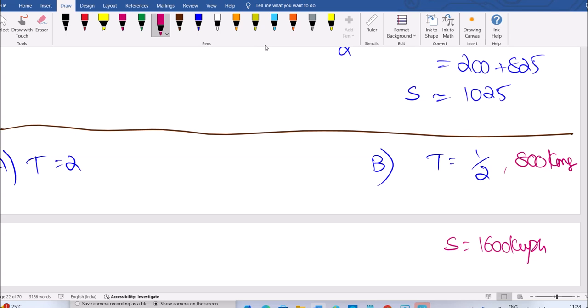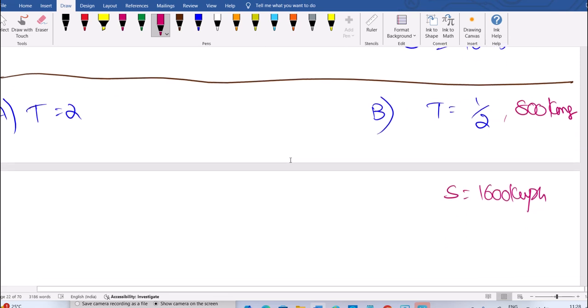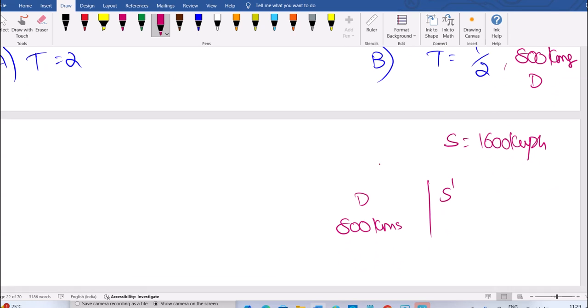Now what they said: for the same distance of 800 kilometers, the speed is decreased by 400, which means the new speed is 1200 kilometers per hour. Now what is the new timing?